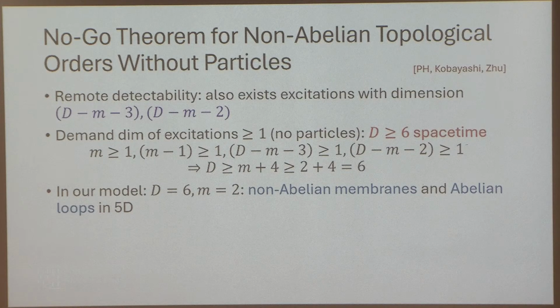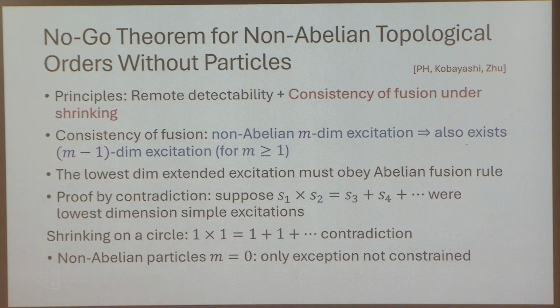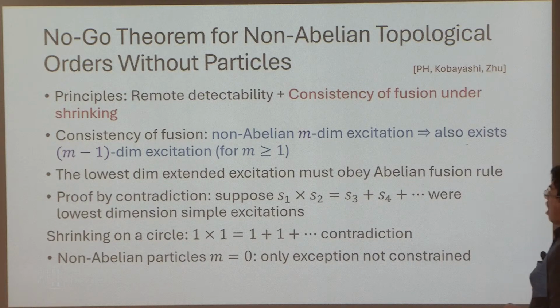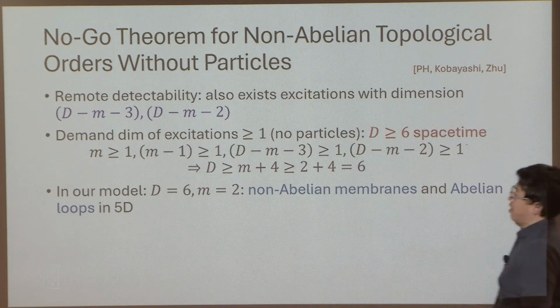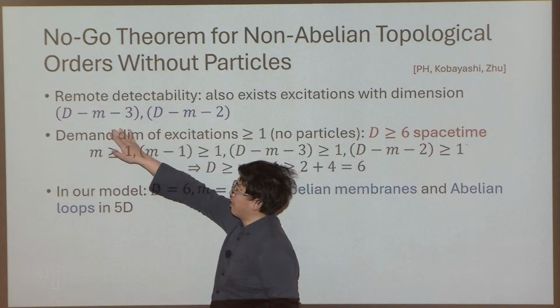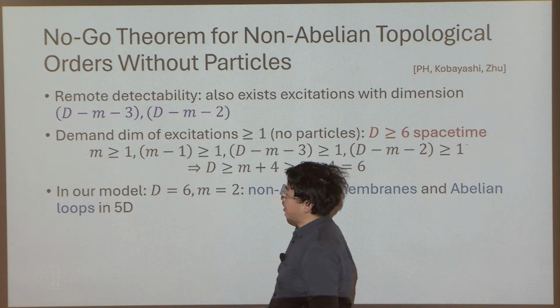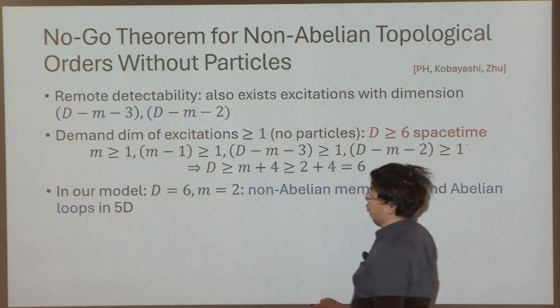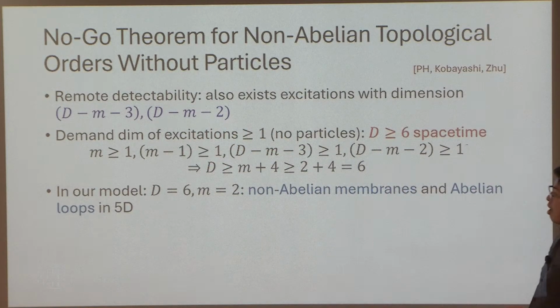Okay, and then we can run the principle of remote detectability. Namely, we require that there also exist other excitations that braid with this non-abelian m-dimensional excitation, and also the extra (m-1)-dimensional excitation. That requires excitations of dimension d minus m minus 3, where d is the space-time dimension, and also excitations of dimension d minus m minus 2.